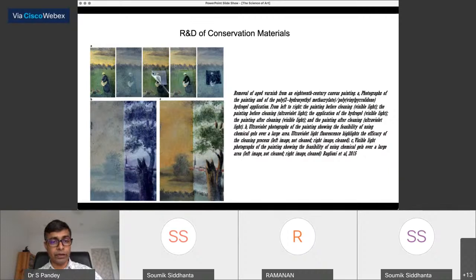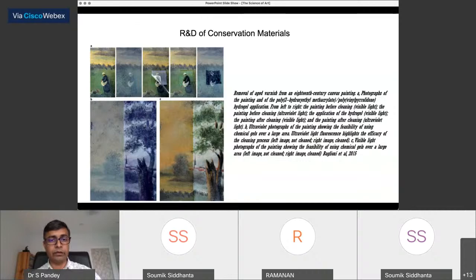You can see there is a piece of a rigid gel placed on the painting. It's being lifted. This is the painting in normal light. This is in UV radiation, showing darkened varnish as white fluorescence. Again, this is in normal light, and you see wherever the gel was placed, you can see the underneath area was completely cleaned.